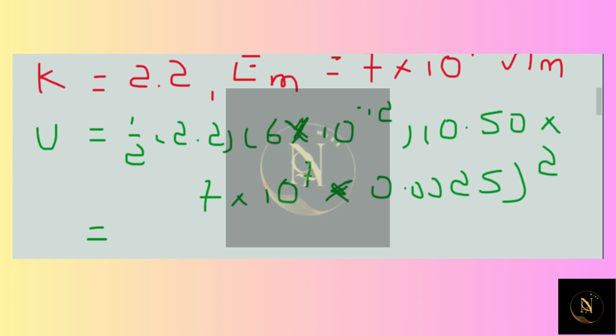So U will be 50.53 into 10 to power minus 3 joule.